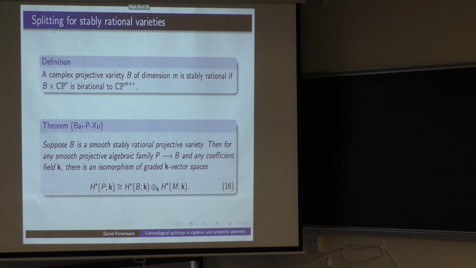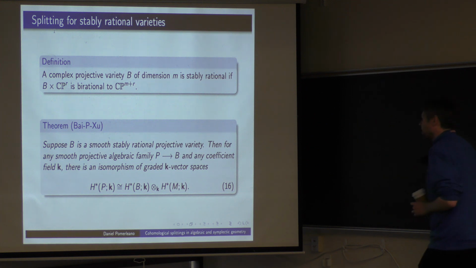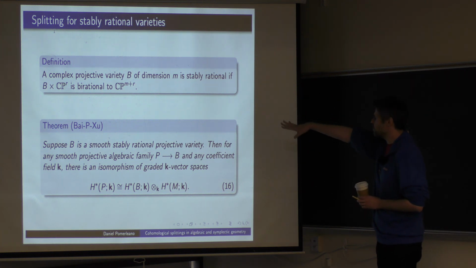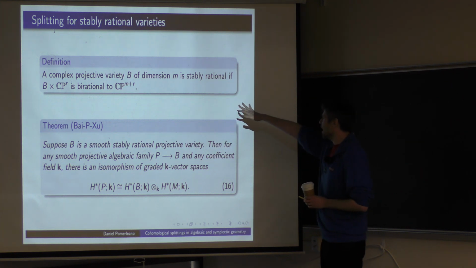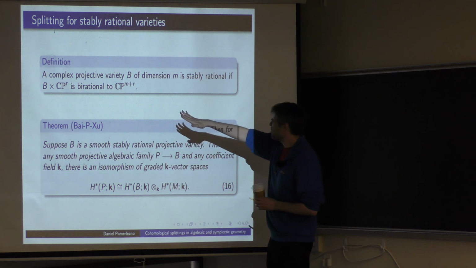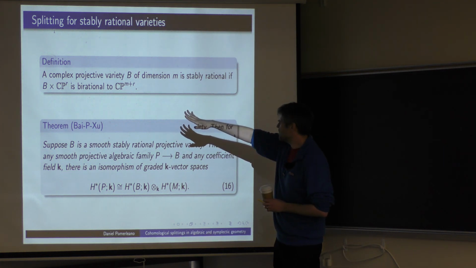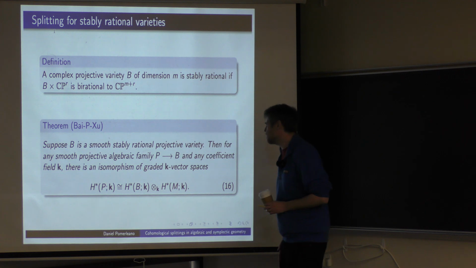But using this, we were able to prove that this works in a more general class of varieties. If you have something stably rational, so if your base times something is rational, you can think of rational as already sufficient.